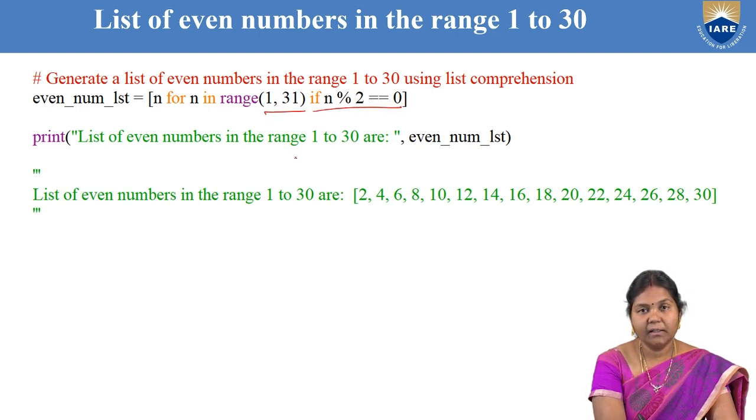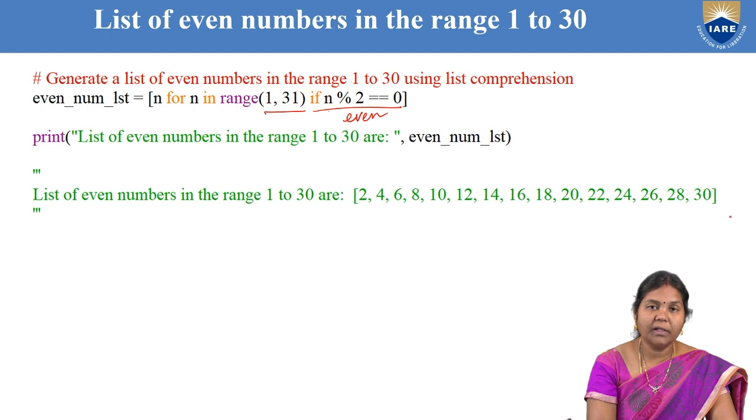We are writing a condition in the comprehension. For every number from 1 to 30, if that number divided by 2 leaves remainder 0, then it is an even number, and if it is even, you store it into the list. You can see over here the even numbers from 1 to 30 are generated and stored into a list.